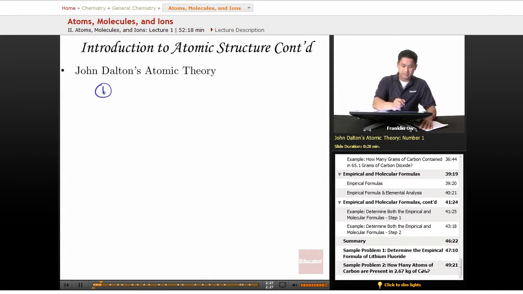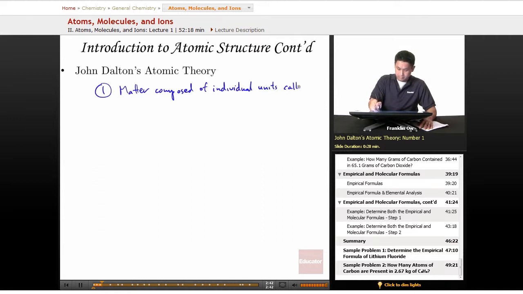Number one was that matter was composed of individual units called atoms. And number two, that these atoms were the smallest unit possible and that they were indivisible. That is, we could not break them down any further.